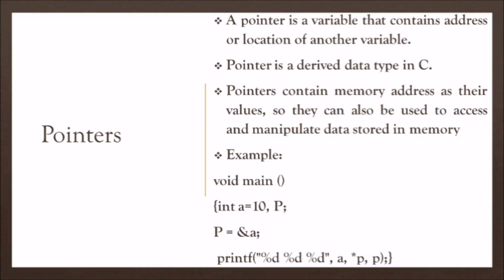Suppose up to now we declare integer a and store some value like 10, 20, 30 in the variable a. But now we want to store the address of that variable into another variable. Okay, so it is called a pointer, and a pointer is a derived data type.